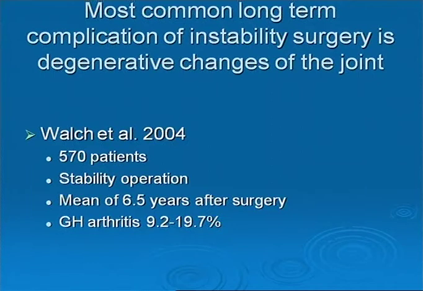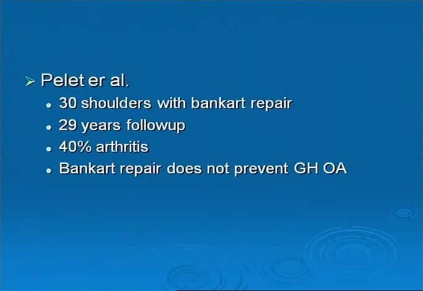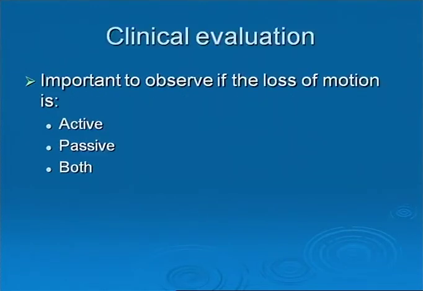They had about 9 to 20% arthritis in the glenohumeral joint. Another study, 30 shoulders with Bankart repair, 29 years follow-up, had 40% arthritis. This showed that the Bankart is not preventing osteoarthritis in the joint.